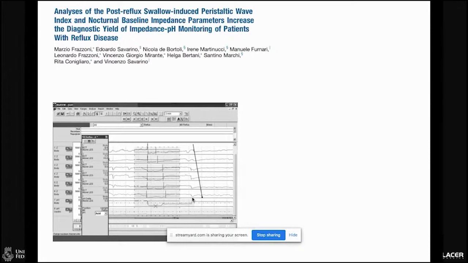In contrast, in patients with reflux disease, this reflex doesn't work very well. In many patients with esophagitis, there are only 20–30% of reflux episodes that are followed by this swallow. In NERD, it is around 50%, and the difference is not that large.